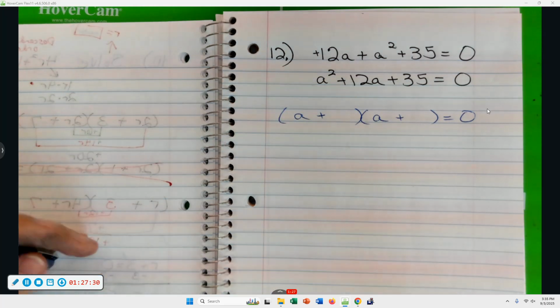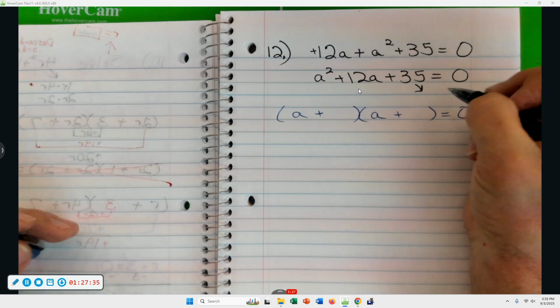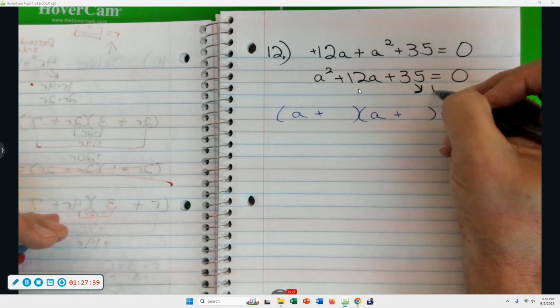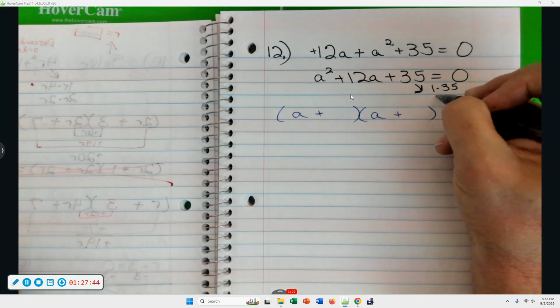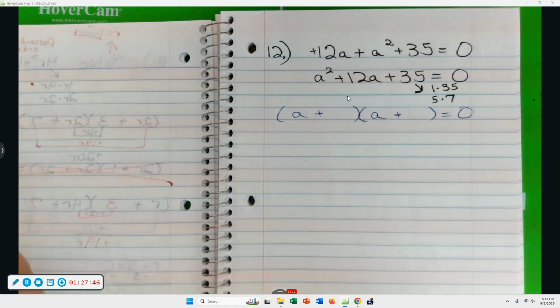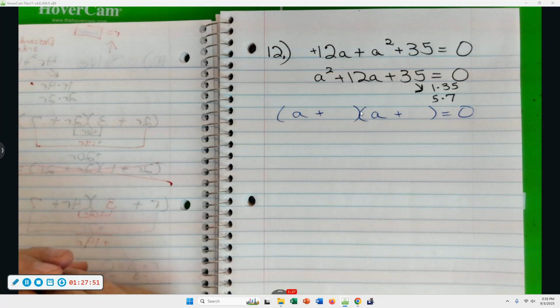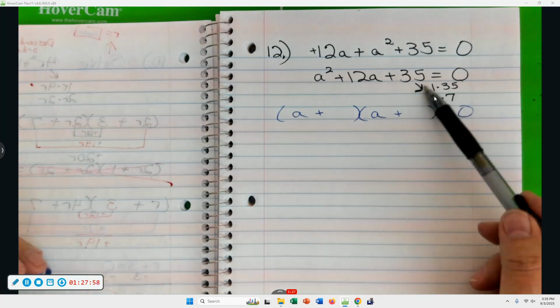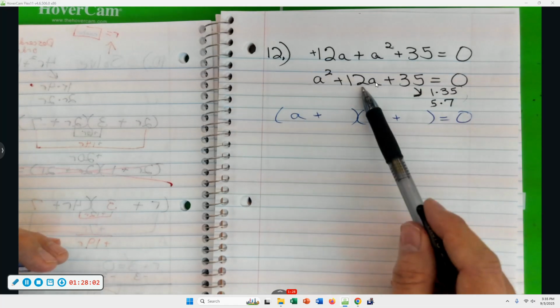Well, what about 35? What times what gives us 35? 35 times 1. Okay, so 1 times 35 or 5 times 7, and that is all. That's the only possibility. A simple trinomial is simple to factor, because you can choose the correct pair because it has to either add or subtract to give you that middle number.